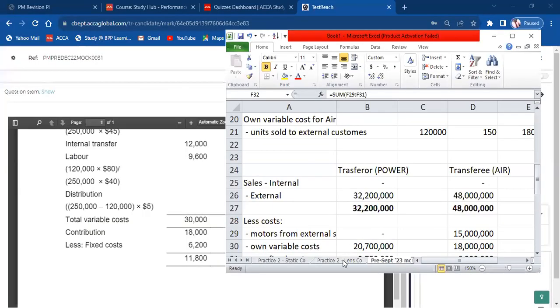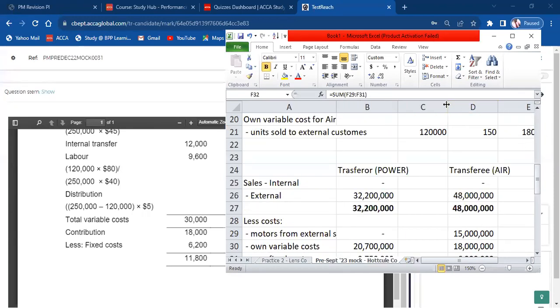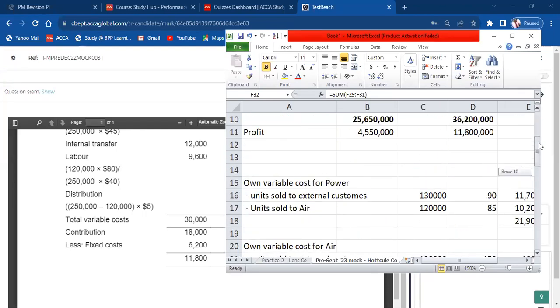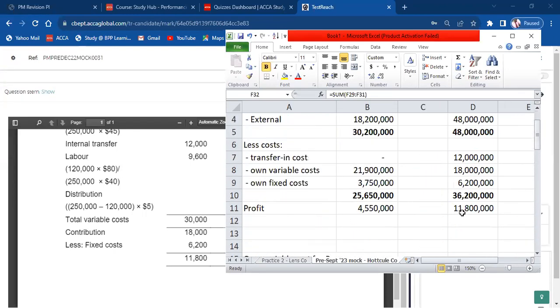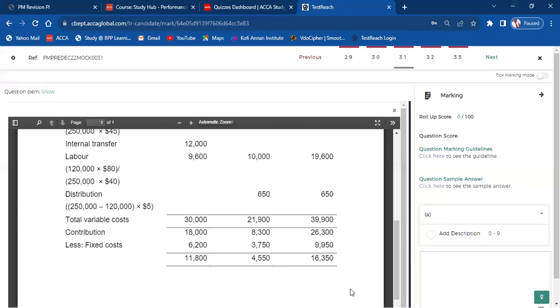Okay, so the examiner has rearranged it, but that's okay. The examiner has turned it the other way around and brought the transferee first, but that's all right. So transferee 11.8 million profit, transferor 4550. That's right. So total profit of the division 16,350. That's fine. He worked in thousands of dollars. So that's it.